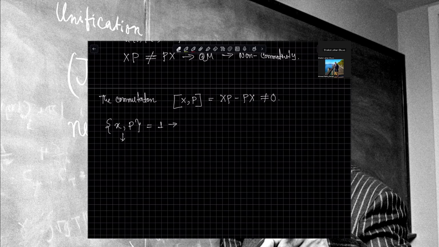But this is something very similar to the commutator. This is the Poisson bracket. It also acts very similar to the commutator itself. Like you have some derivative operations and minus the antisymmetric part.